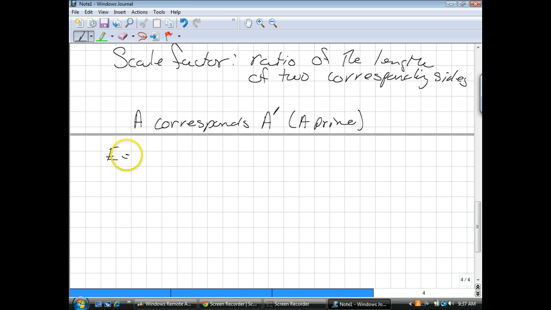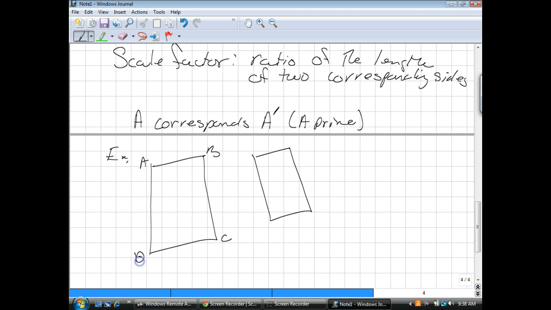So for example, if I have this quadrilateral and this quadrilateral, and this is A, B, C, D, and this is A prime, meaning that angle corresponds to angle A. This is B prime, meaning it corresponds to angle B, C prime, and D prime. Okay, so we know exactly which angles correspond to which angles.